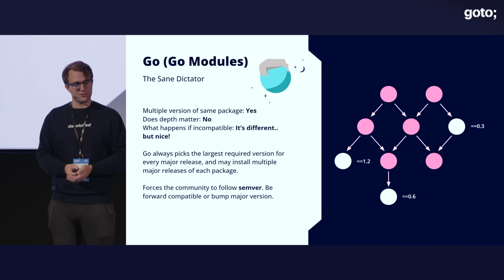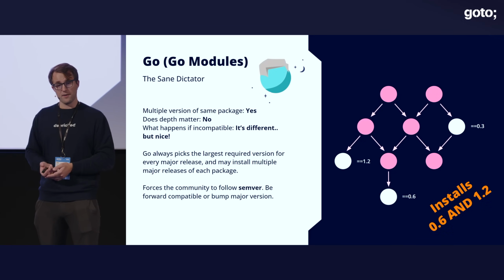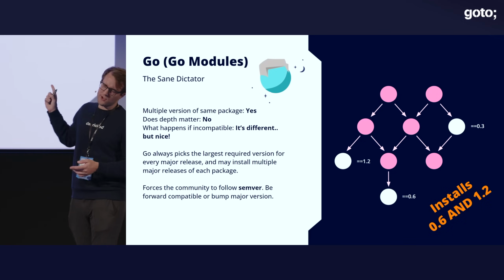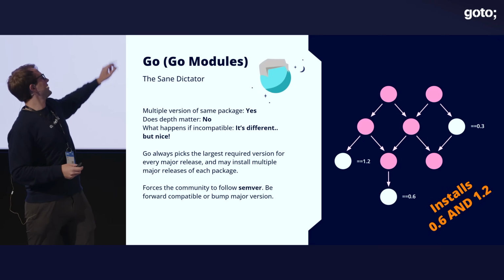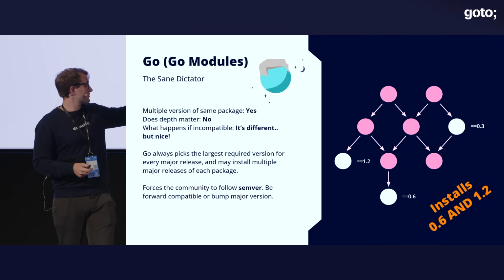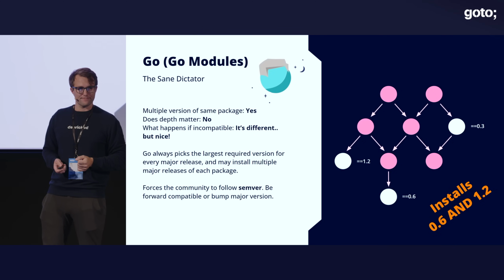I think that's a quite interesting approach for this particular case. And version ranges are not a thing really. You can do it, but it's very uncommon in GoMod. So I put explicit versions here, and it will install 0.6 and 1.2 for this particular case.